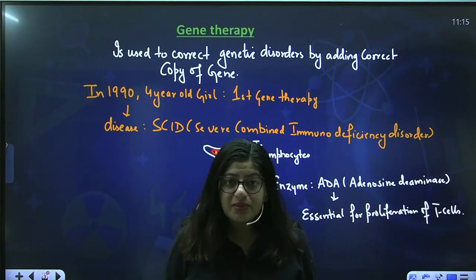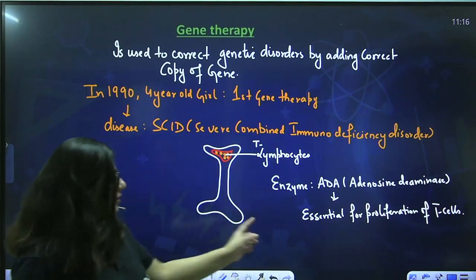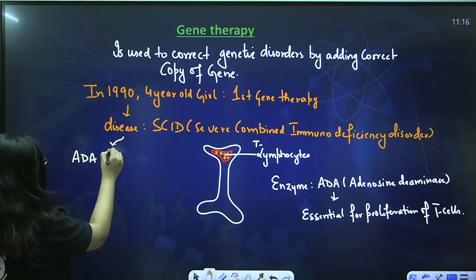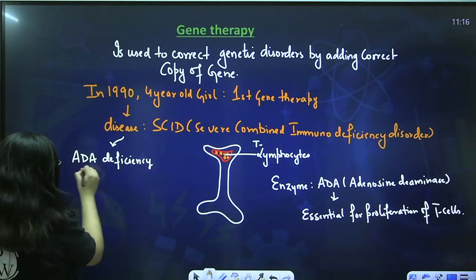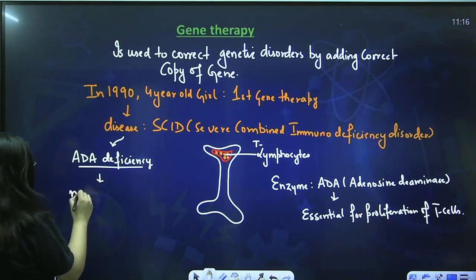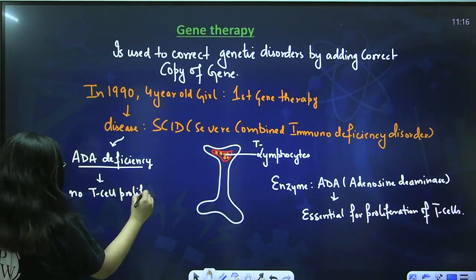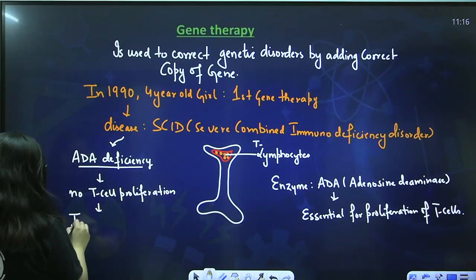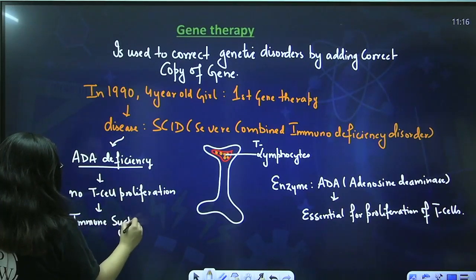Because the defense system is not working properly. So in this disease there is ADA enzyme deficiency, and if there is ADA deficiency, no T cell proliferation. If the T cells do not proliferate, there will be immune system deficiency.